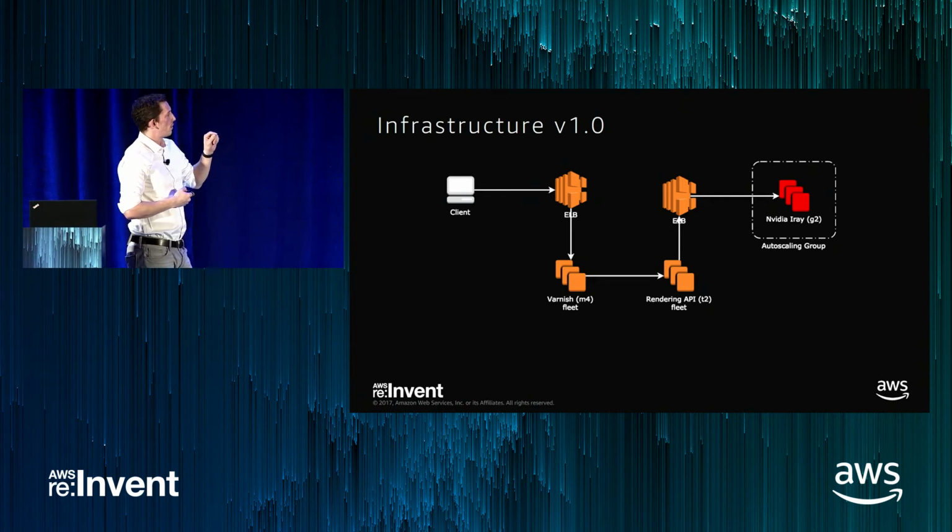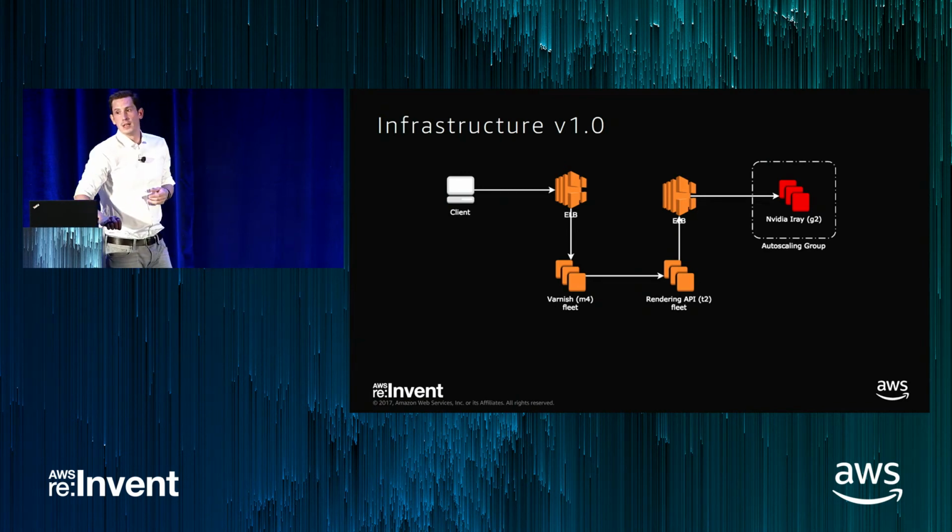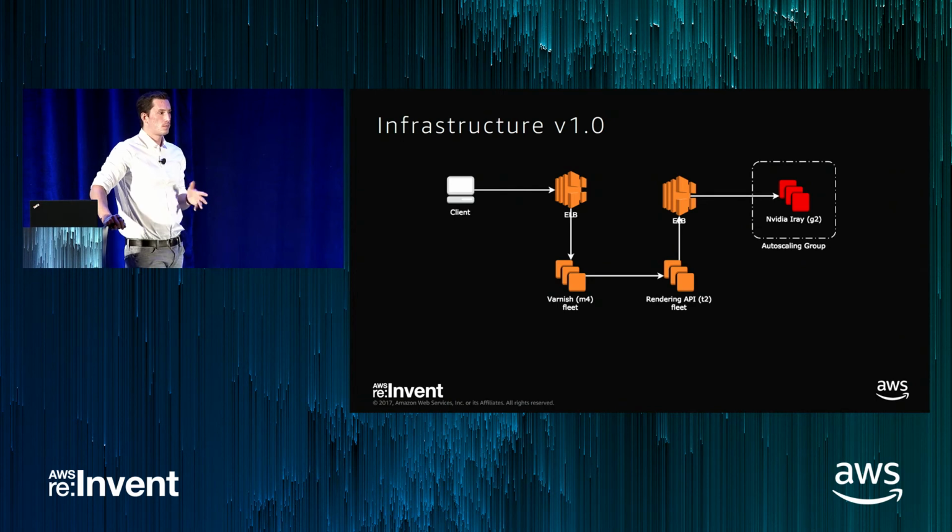Then we had a rendering API. Those were just normal EC2 machines running a Node.js application, and then going through an ELB to the rendering farm, which was inside an auto-scaling group. At that time, when we started, you only had G2 machines. I said this was 3.5 years ago.